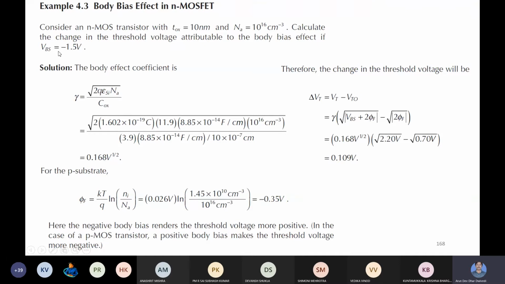So here you are giving 1.5 volt body voltage between body and source. If we write VBS, then it is minus 1.5 volt. If it is written as VSB, then it will be plus 1.5 volt.